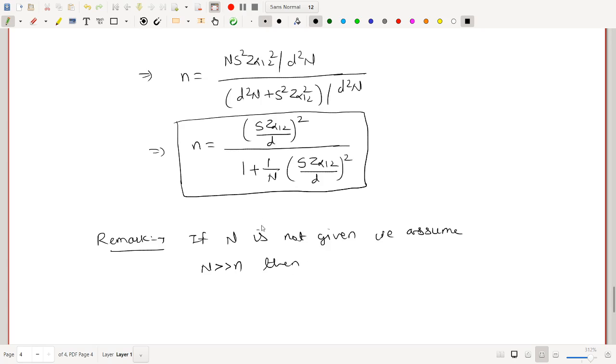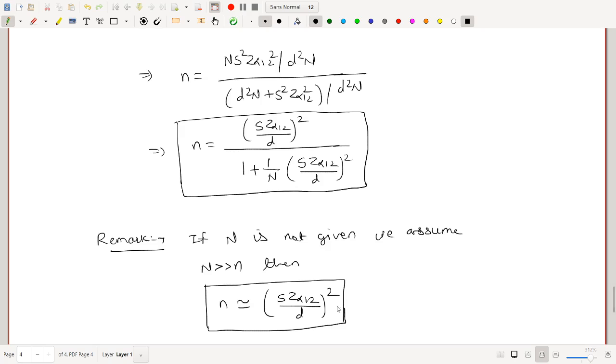If capital N is very large, meaning it tends to infinity, then this quantity becomes 0, because 1 upon infinity we say becomes 0. So 1 plus 0 becomes 1, and then the approximate value of n will be (S into z alpha by 2 by d) square. So under SRSWR also this formula is the same when capital N is not given.